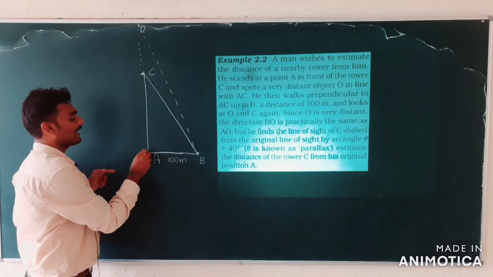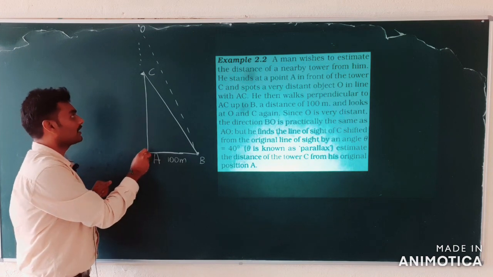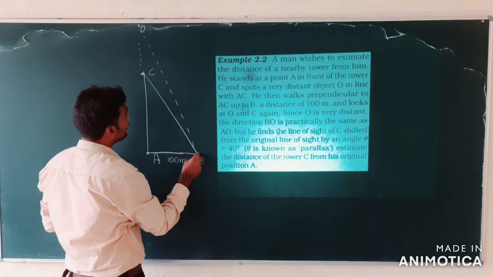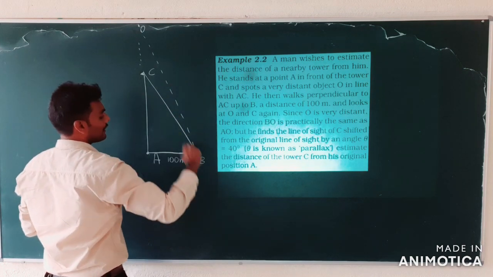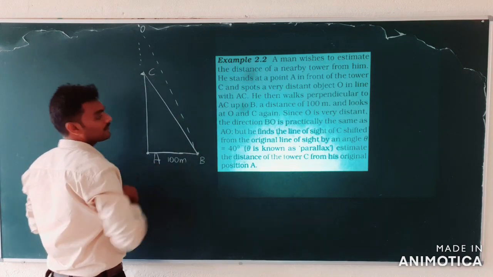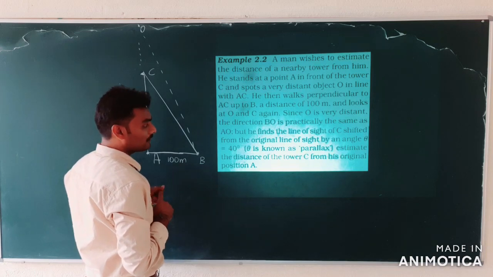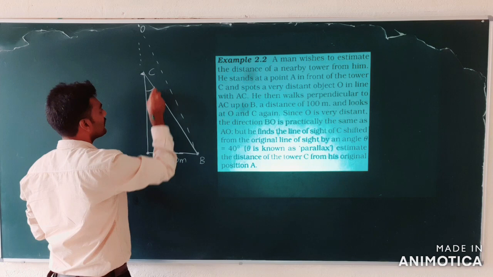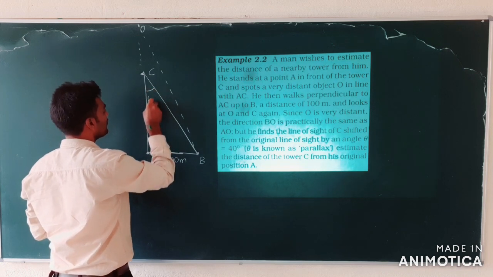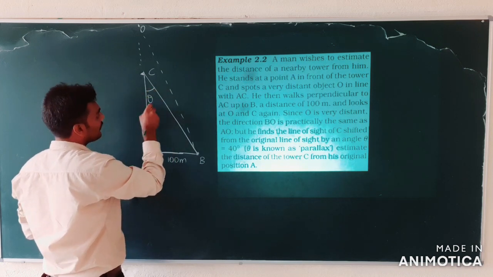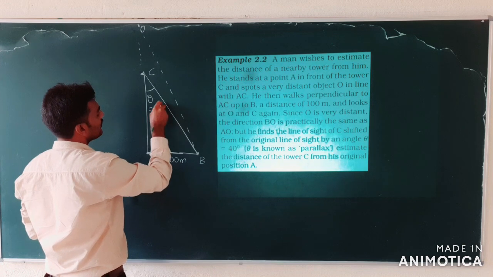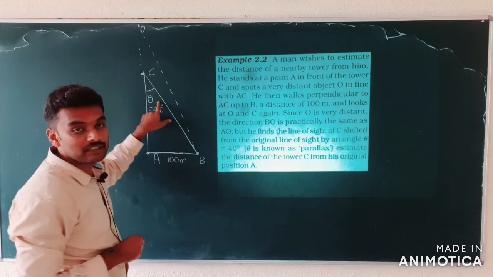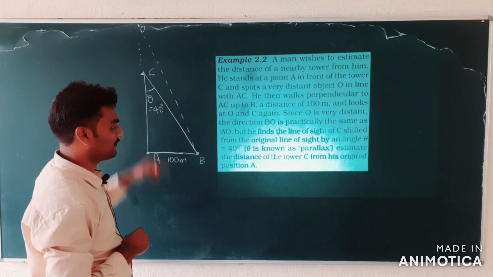When the person stands at this point, the line of sight is AC. When the person walks to point B and looks at C, the line of sight is BC. And now, the angle between these two lines is given, which is theta equal to 40 degree. And here theta is known as parallax.